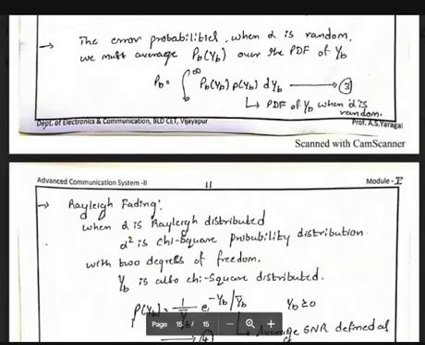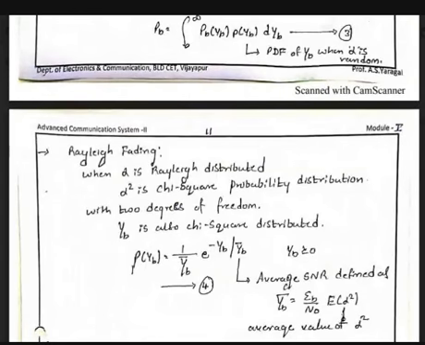Let us consider this Rayleigh fading, where alpha is Rayleigh distributed, and alpha squared is a chi-square probability distribution with 2 degrees of freedom. The signal to noise ratio gamma b is also chi-square distributed.